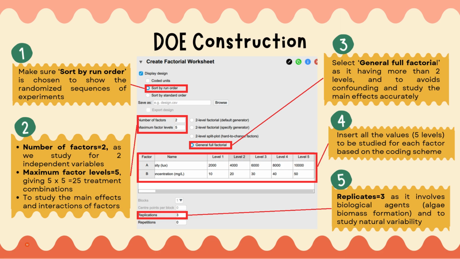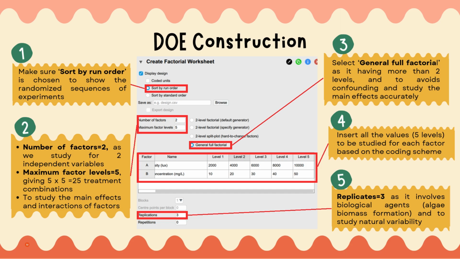And then for maximum factor levels it will be 5 because we will have 5 levels for each factor. So it will give 25 treatment combinations in total by multiplying the number of levels from each factor. The reason for having 5 levels for each factor is to study the main effect and the interaction between these two factors.